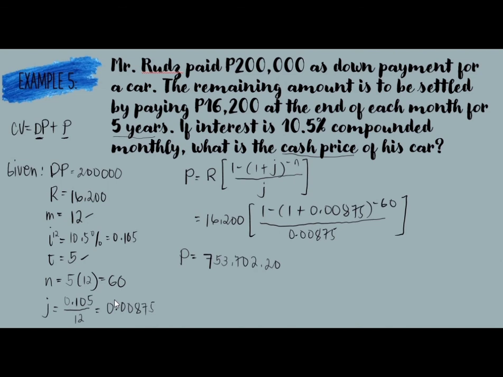Since ang hinahanap yung total cash price, o yung presyo ng car, okay, so yung cash value or cash price, so ipag-a-add lang natin yung ating down payment, yung unang binayad niya na 200,000, tsaka itong present value niya. Okay, so down payment plus the principal.